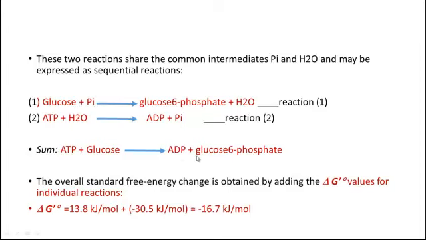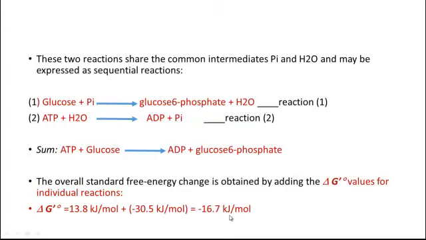they can be written together in this way, which means that the value of standard free energy generated during this reaction will be the sum of the energies released or consumed in both steps. Here the net amount of energy released is the sum of 13.8 kilojoule per mole and minus 30.5 kilojoule per mole respectively, which are the amounts of energy either consumed or produced during these reactions.